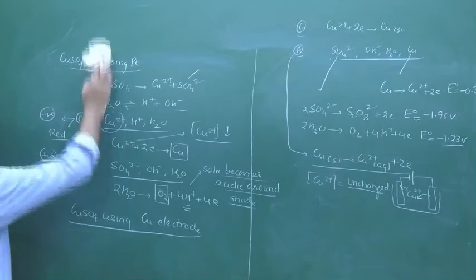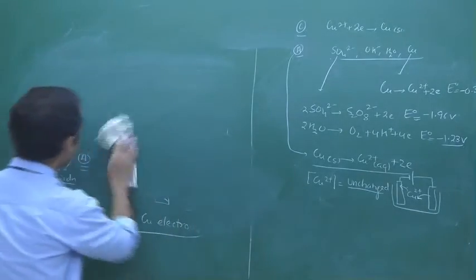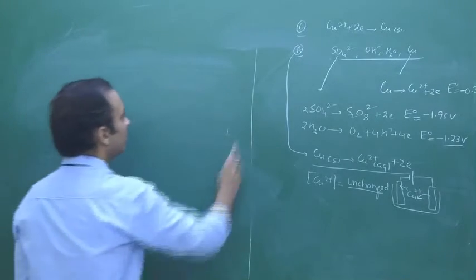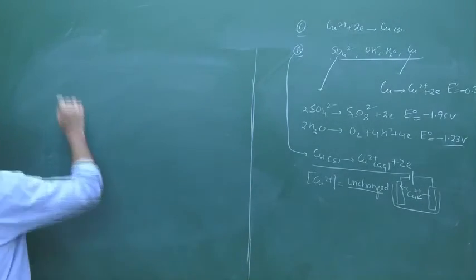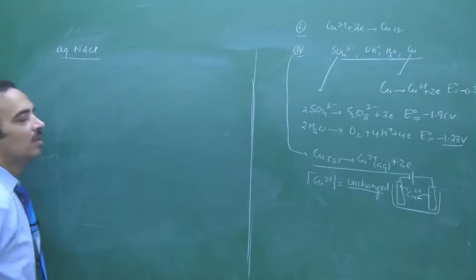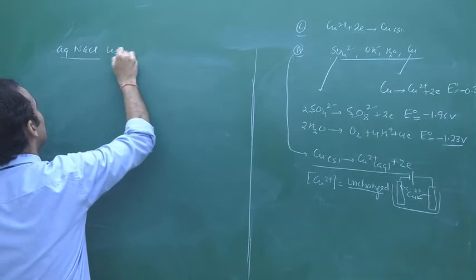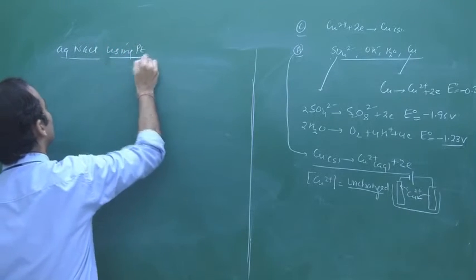Now let us see one more example. What is that example? Electrolysis of aqueous NaCl, using platinum electrodes.